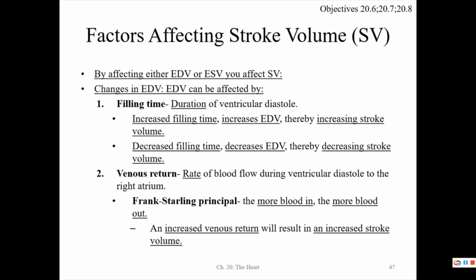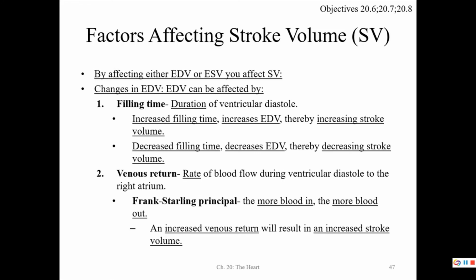But if I take filling time, ventricular diastole, and shorten it, that's like taking the bucket out from under the faucet too soon, and we didn't get very much water into the bucket. But leaving the bucket under the faucet and giving it enough time to fill up with water increases that. So if I increase filling time, I'm going to increase the EDV. And we know if EDV goes up, stroke volume goes up, because EDV and stroke volume go in the same direction.